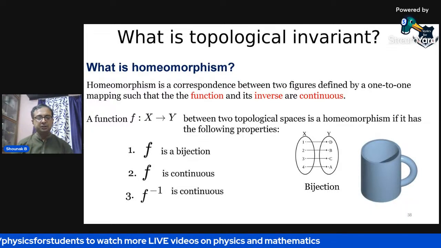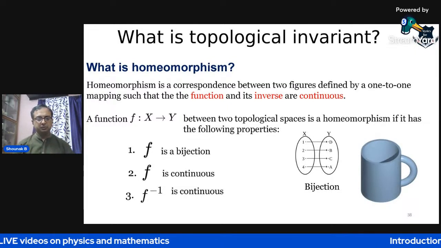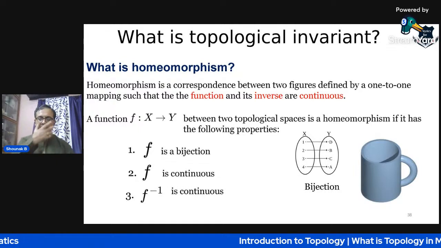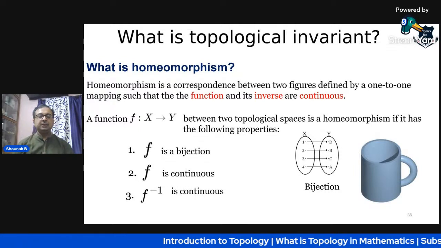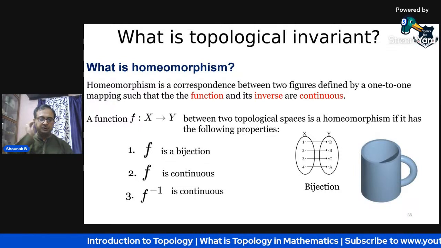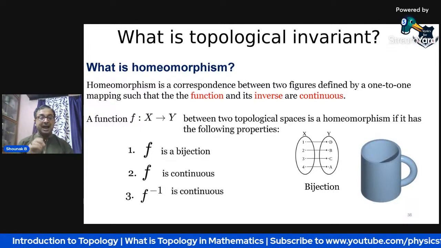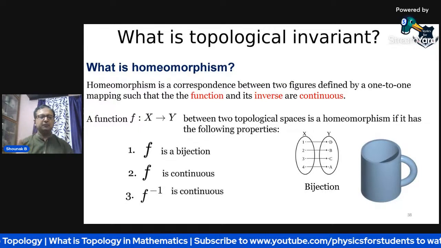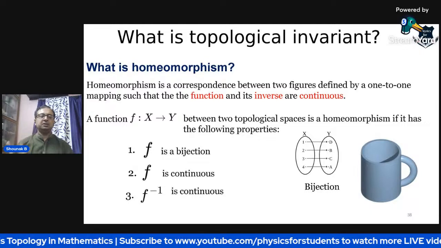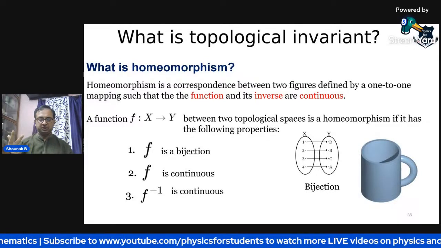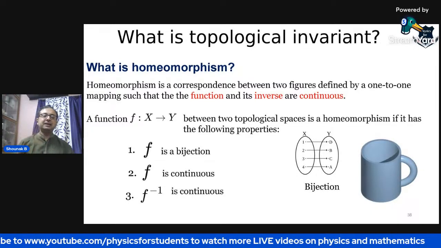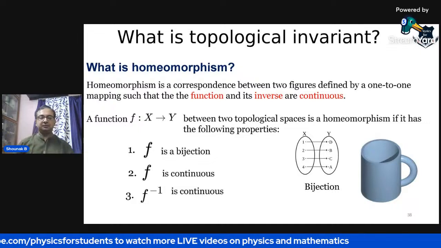It has a bijection, it is continuous, and its inverse is also continuous. Remember, this is a definition we have to visit every day: what is a topological invariant. Between two topological objects there has to be a homeomorphism. One, a bijection; second, continuous; and the inverse has to be continuous. Inverse has to be continuous means that the inverse cannot be anything discrete, otherwise things will fall.